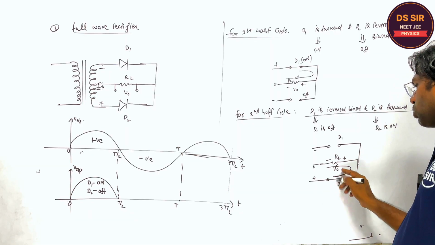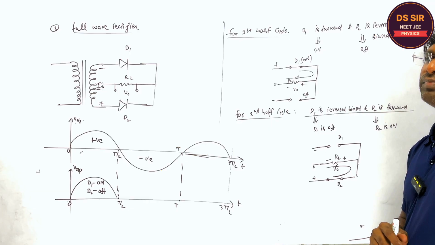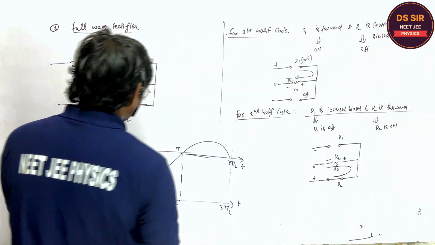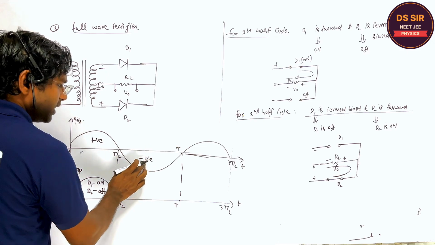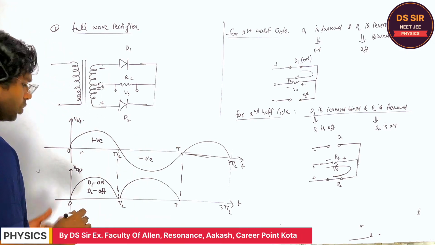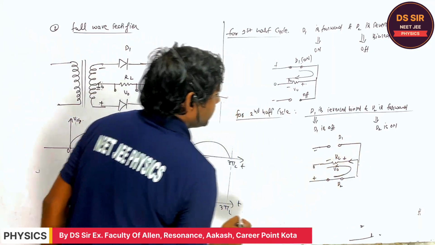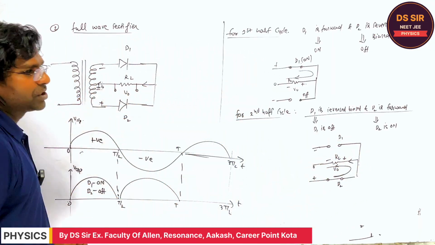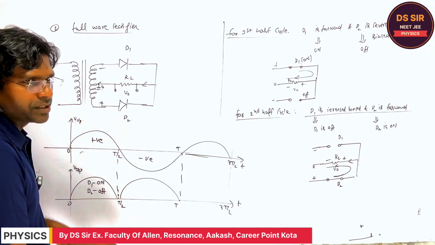The output potential across this is again in the same direction. Therefore the negative half cycle is like this. The output voltage is in the same direction, the current flows in the same direction, the unidirectional current is there. So this is the conversion from AC to DC.